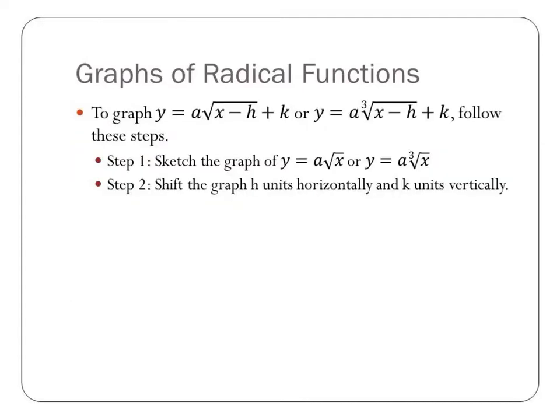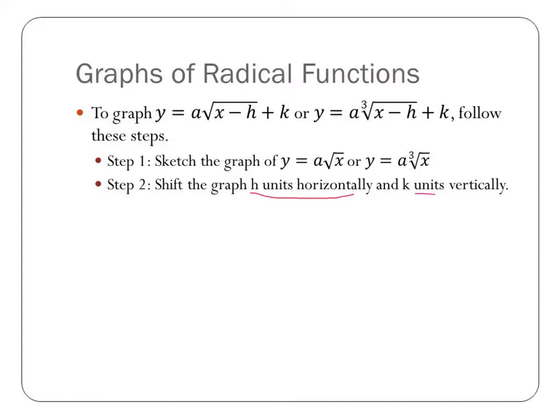Alright, so here's h and k again. We've had them before, and they tell you how a function moves. So h is how it moves horizontally, and remember it is x minus h, so if it says x minus 2 it actually moves to the right 2, but if it says x plus 2 it's going to move to the left 2 because that minus is under there.